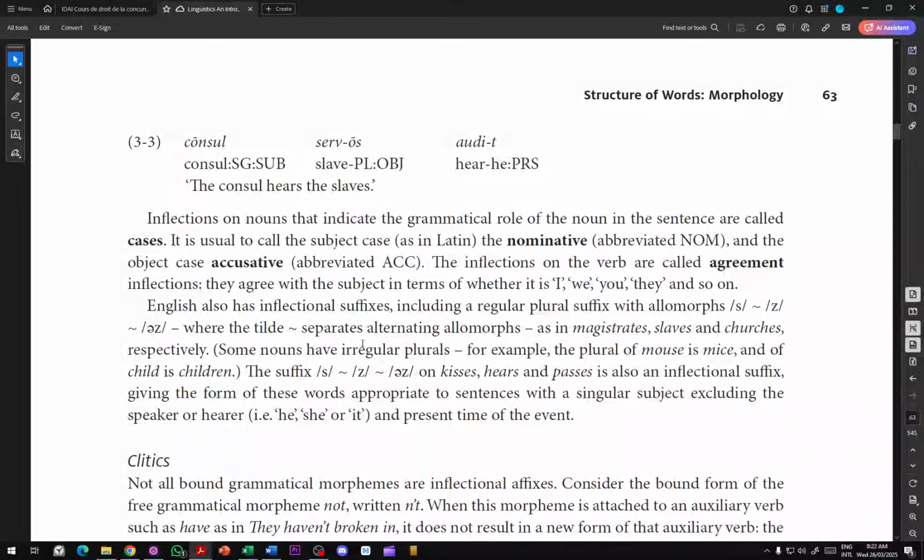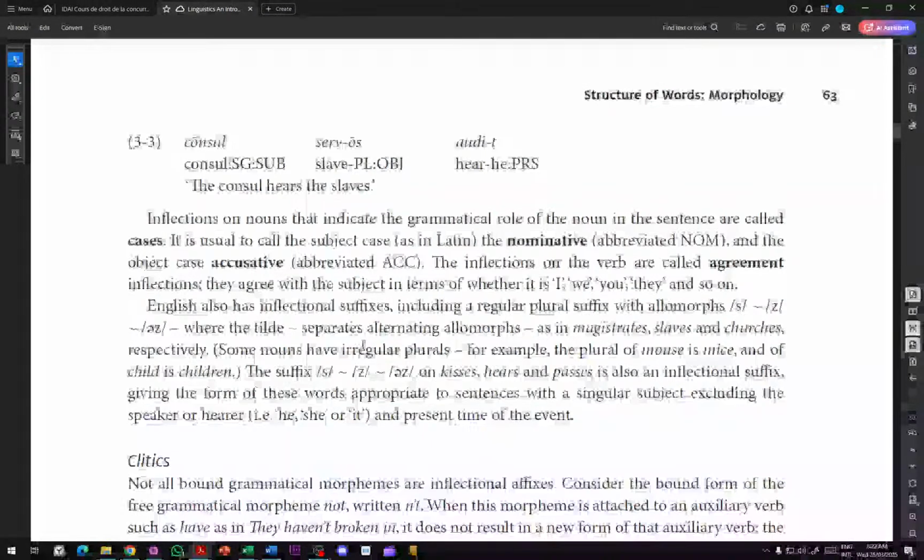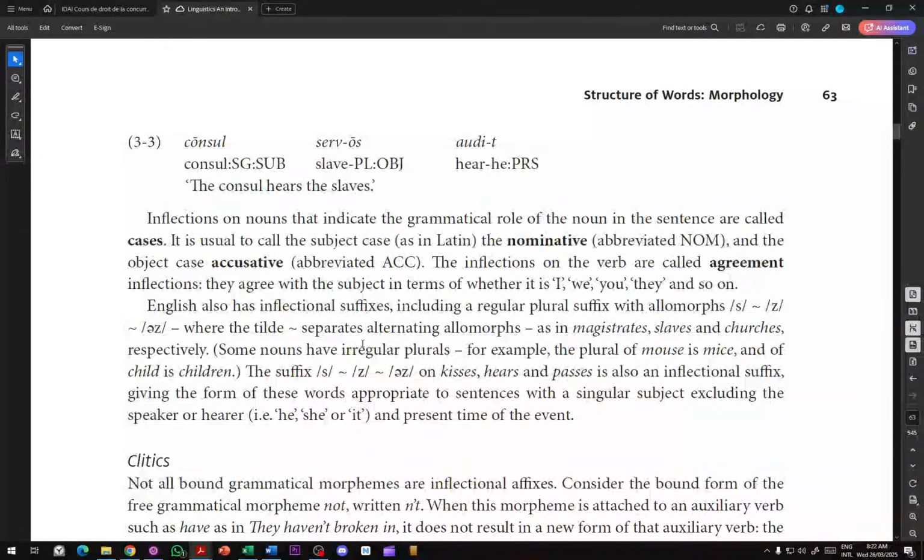Okay, I have a question. Is the suffix itself or the affix called case? Or the words? Or the state of the word, of the noun?